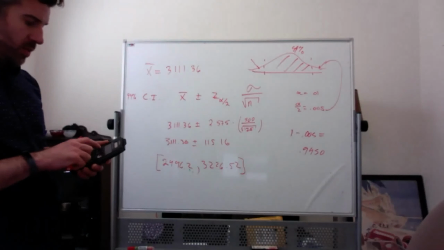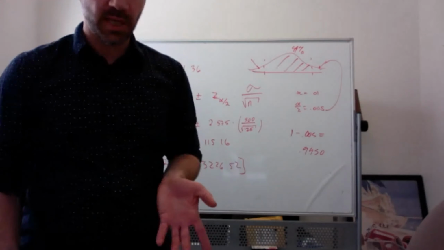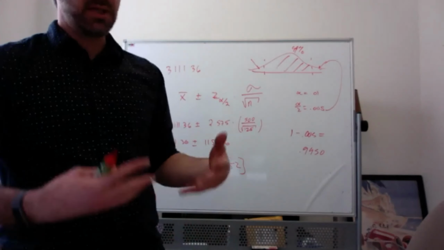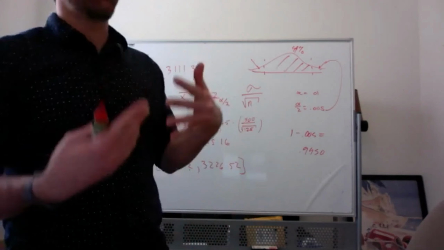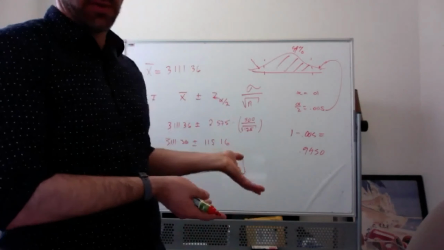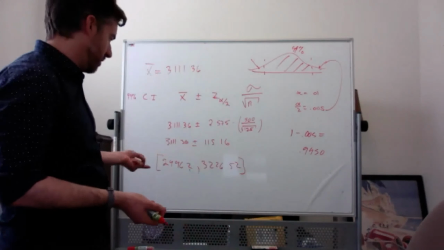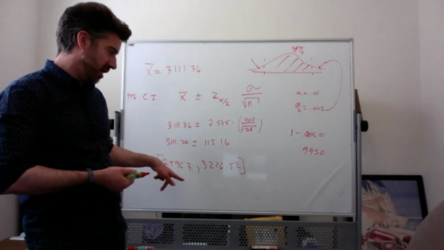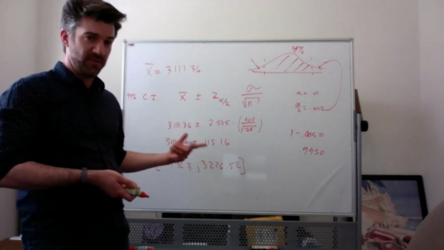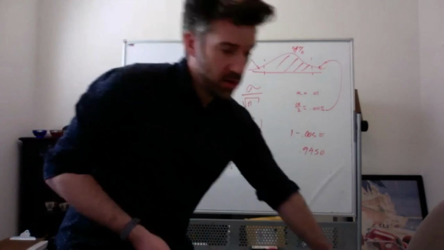So we can say with 99% confidence that the true average weight of a baby born to a mother who gave birth after age 35 is between 2,996.2 grams and 3,226.52 grams.